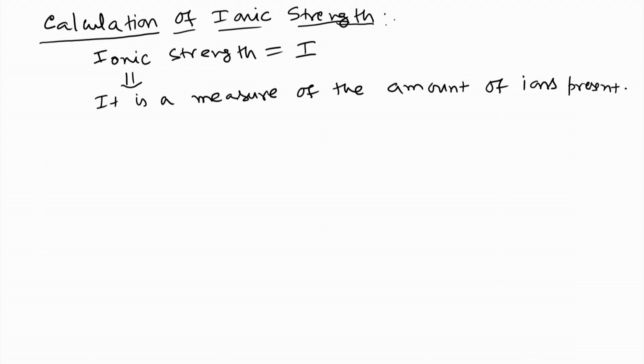The formula for ionic strength is I equals half times the sum over i of m_i z_i squared.